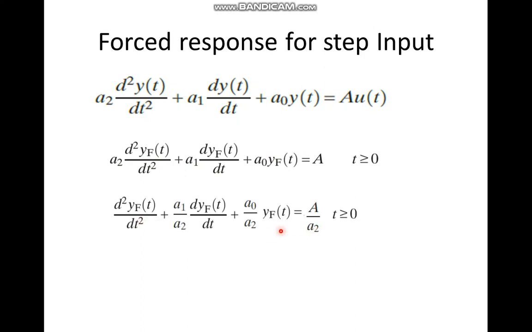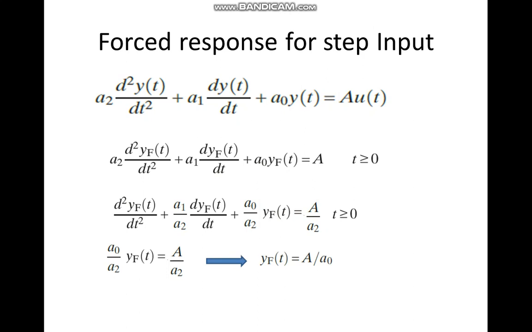In order to solve such an equation, where the right-hand side is equal to a constant value, we put this term, that is the term without any derivative, a0 over a2 times yf, equal to the right-hand side, A over a2. Hence, the value of yf becomes A over a0.